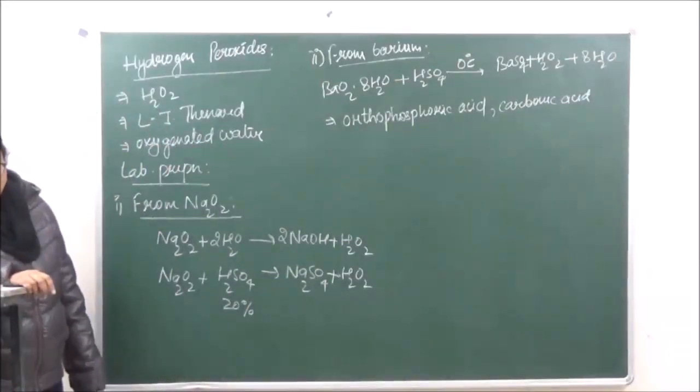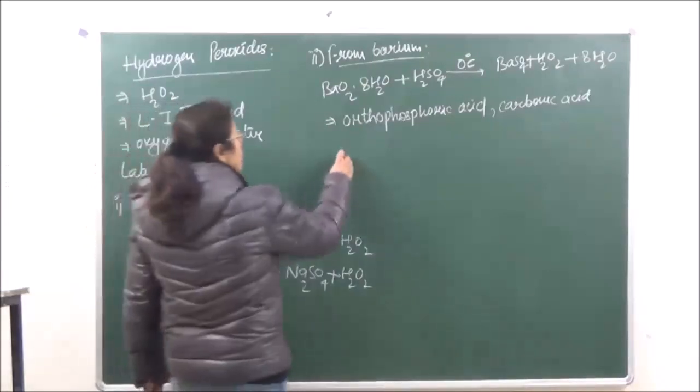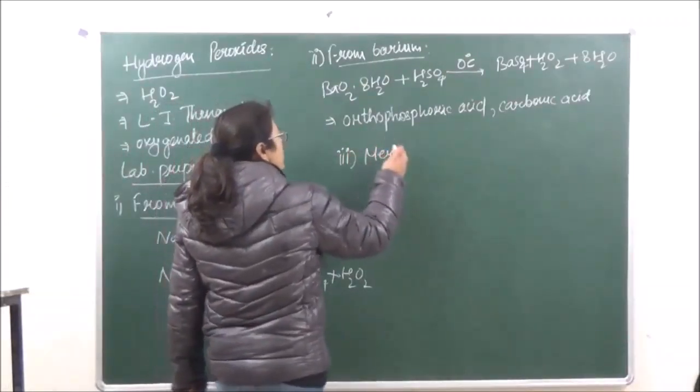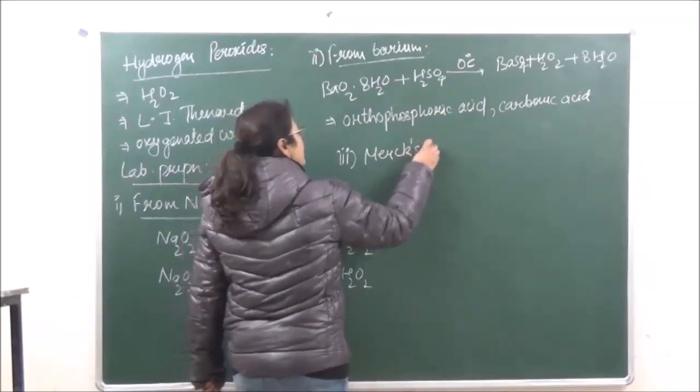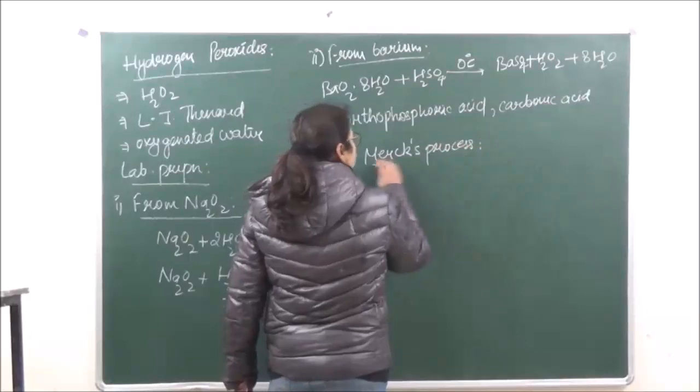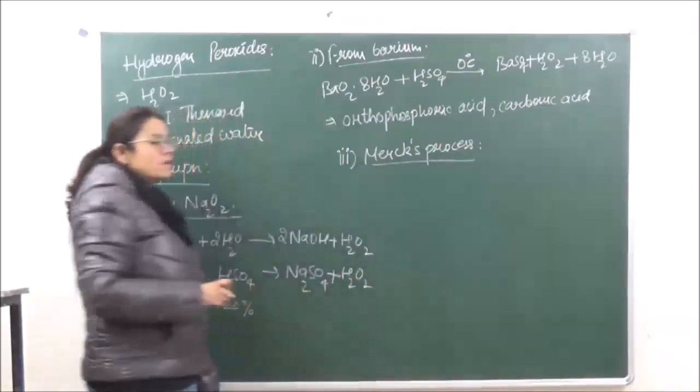The next process which we have is Merck's process. The third method to prepare hydrogen peroxide is Merck's process.